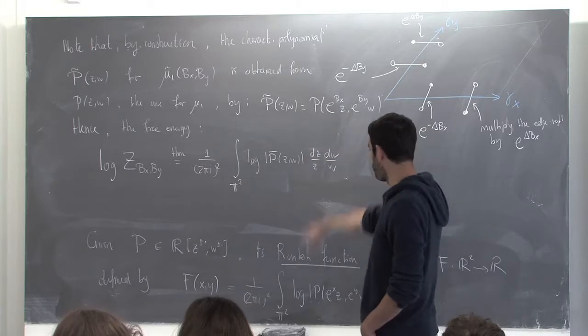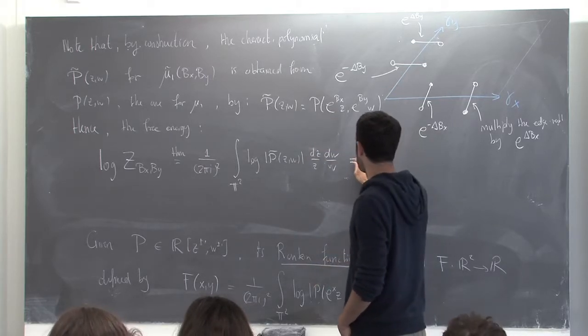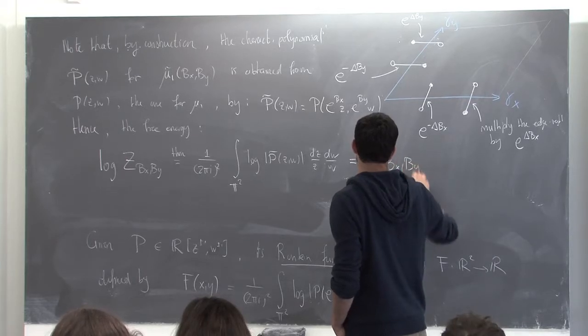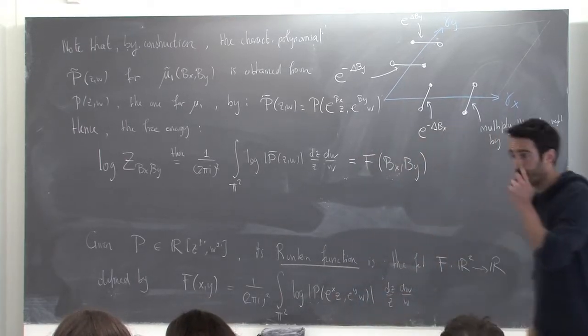And so you see that this is exactly the Ronkin function of Bx, By.